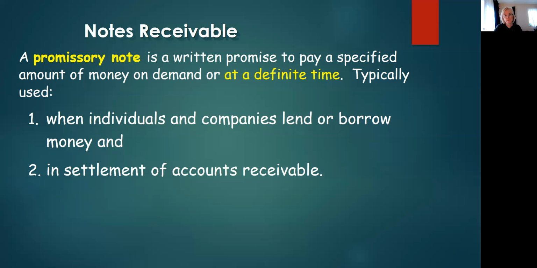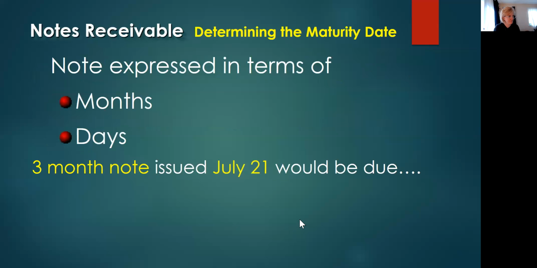And the third reason that we don't usually get into is if the company has certain limits on how much they will let an invoice go out for. For example, we only bill customers up to 20,000 as accounts receivable, after which it's got to be a note with interest. So we don't get into that much in this chapter. Okay. So look at page 27.